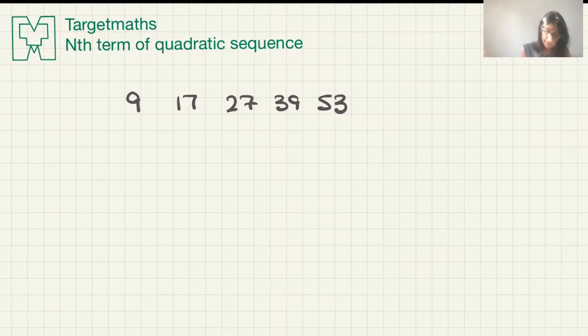So as with all number patterns, the first thing that we would do is look at the gaps, start trying to get a feel for what's going on. When I look at the gaps of this number pattern, I can see it's going up 8, then 10, then 12, and then 14.